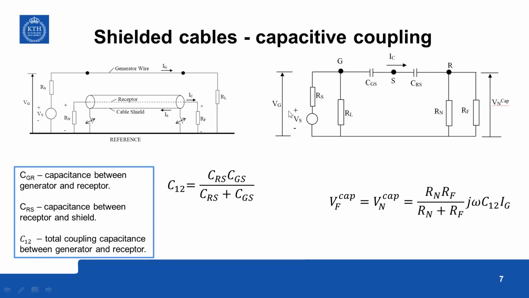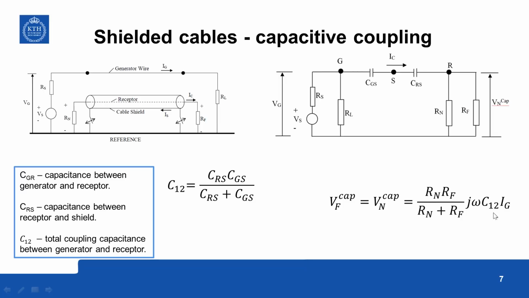First, before that, let us go further into the capacitive coupling. We have seen that a combination of these two is equivalent to C12, the coupling capacitance, in the case where the shield is not connected to the ground. So the series capacitance is equivalent, like a parallel combination. Then VF equals Vn.